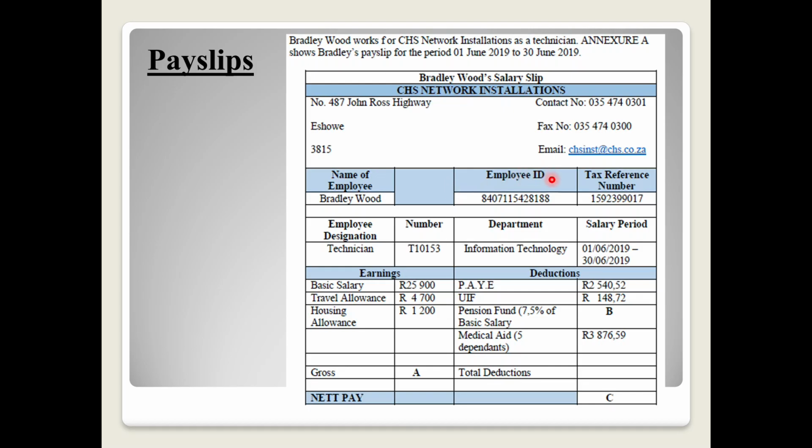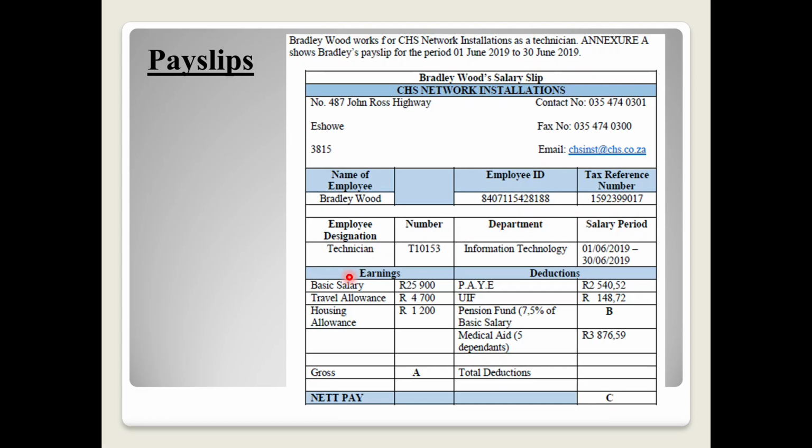They give you the employee ID number, and from the ID number, you must be able to work out the age of the person. Then there's the person's tax reference number. The meaning of that is that the number is registered at SARS, and they know Bradley Wood as that number, and he also contributes towards tax per month.